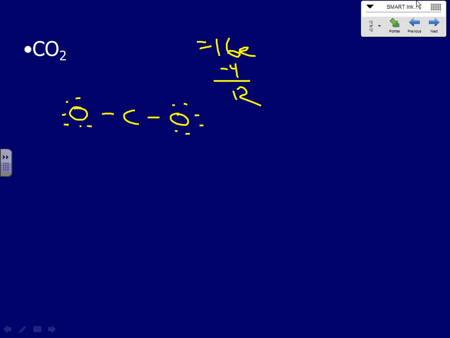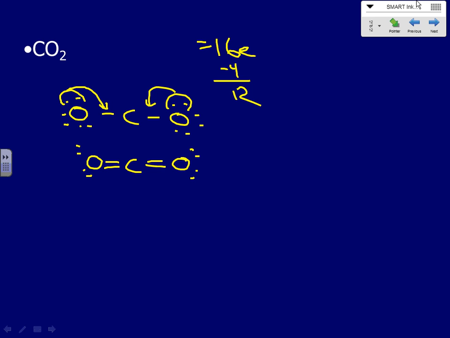Carbon's not happy. What am I doing? What am I doing, Rachel? So take one there, right? Put it there. Do it on the other side as well. Perfect. Take one, put that there. C with double bonds, now with 8 electrons.